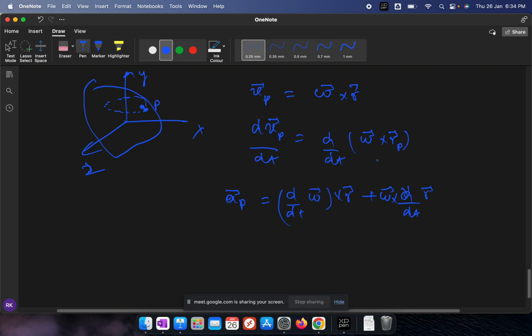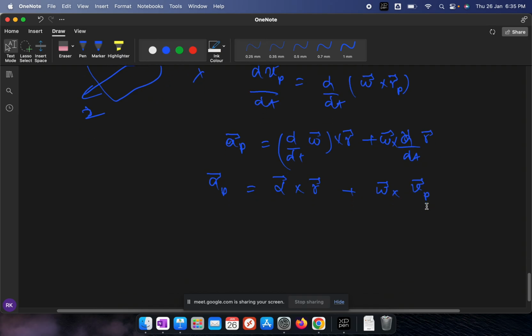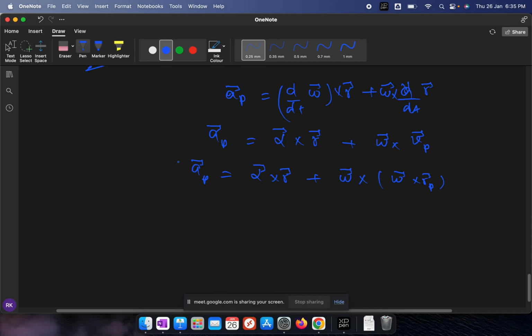Yeah, this is the velocity of particle P. So this is alpha cross r plus omega cross the velocity of particle P. Now if we extend, we can write alpha cross r and omega cross, at the place of Vp we will write omega cross rp. Okay, so this is the acceleration in the case of pure rotation.